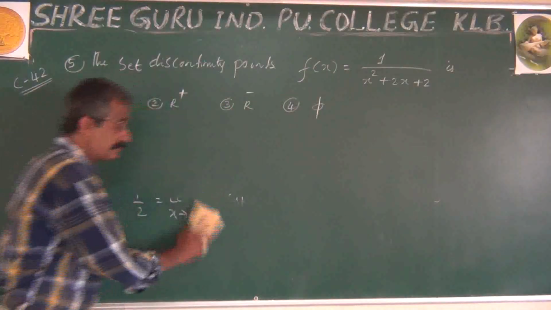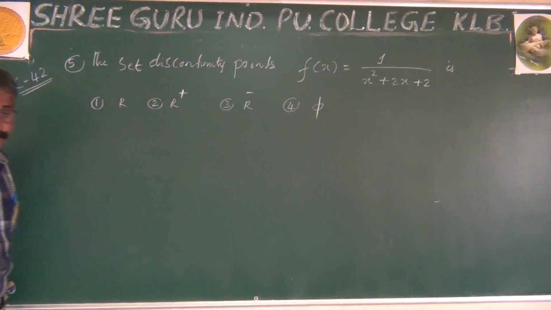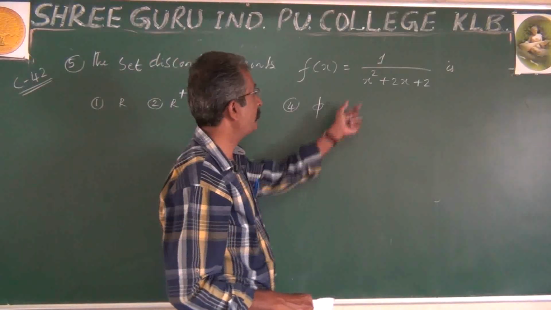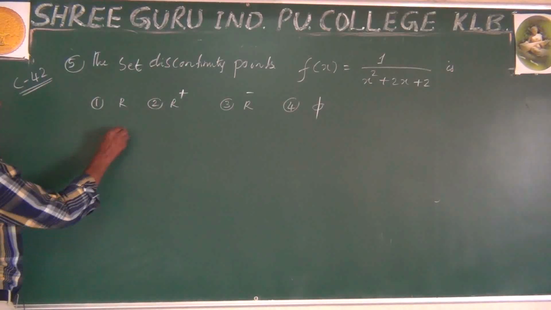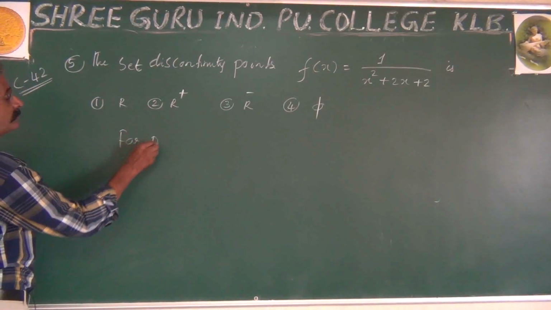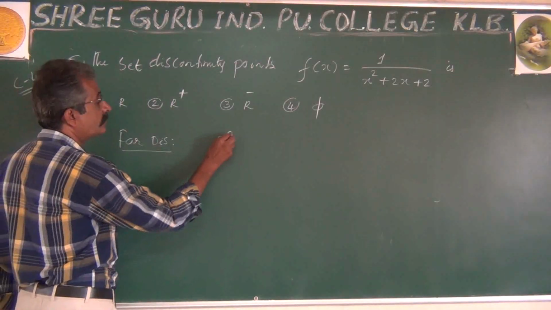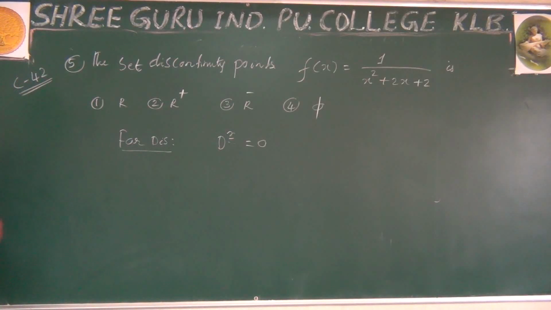So we want the set in which this function is discontinuous. Obviously, a function can become discontinuous only when the denominator equals 0. So for discontinuity, the denominator must be equal to 0. Then only we will not get an existing value.